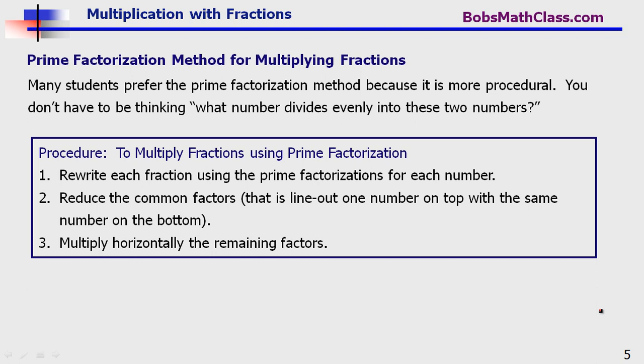Rewrite each fraction using the prime factorizations for each number. If you watched the previous video on simplifying fractions, you're still doing the same thing. You're finding the prime factorization and rewriting the numerator and denominator with its prime factorization.